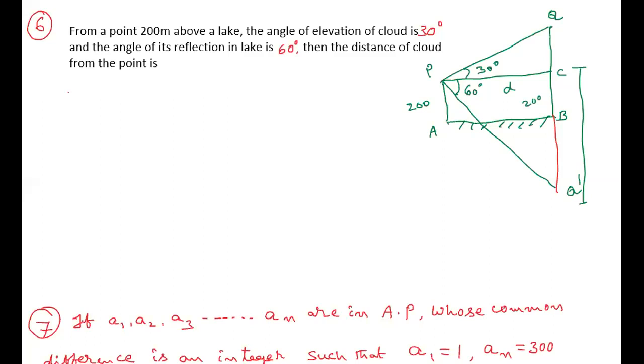Now this height of the cloud, we can take H. So this is H, and this height also H. Now this is H plus 200.